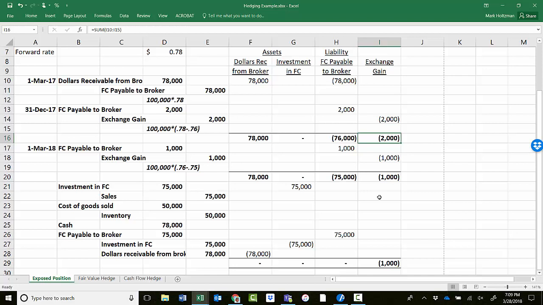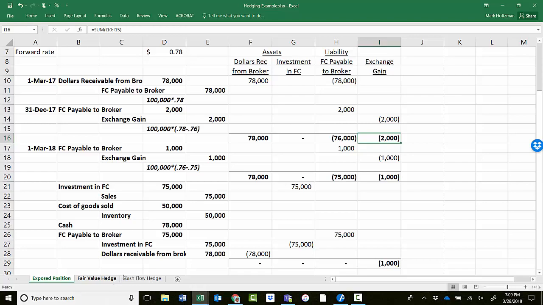And the hedge is like any other marketable security. You mark to market. It might not be marketable, but it's a financial instrument that you mark to market. Now let's look at the same scenario, assuming that they document it as a fair value hedge.